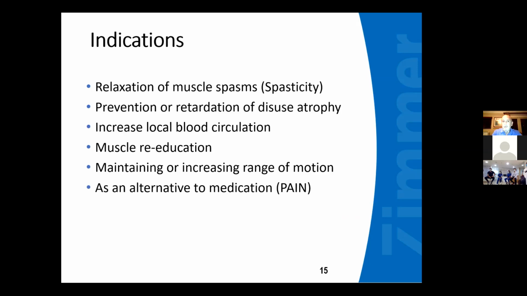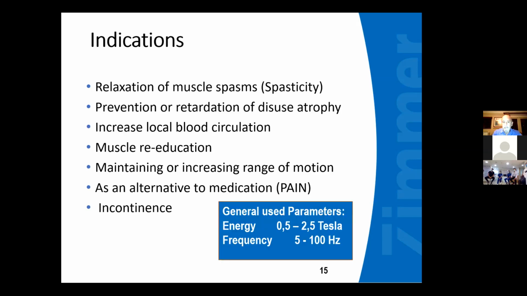A wonderful alternative to medication for pain, and it has a specific usage for incontinence in women with pelvic floor dysfunction. Your general parameters, again, an energy between 0.5 to 2.5 Tesla, and a frequency variance, as we remember off our slide, 5 to 100 hertz, depending on what you're trying to accomplish.